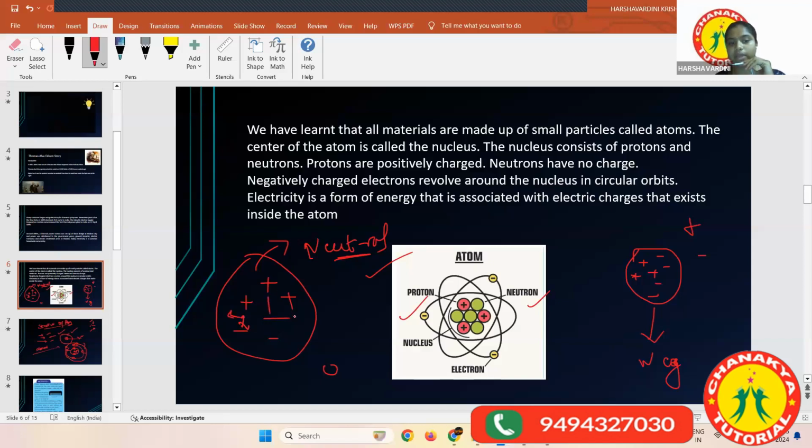So there is no flow of electrons and no flow of electricity. In the negative case, flow of electricity is there; in the neutral case, it is not, because the charges cancel out each other. They have exactly equal numbers of positive and negative charges.